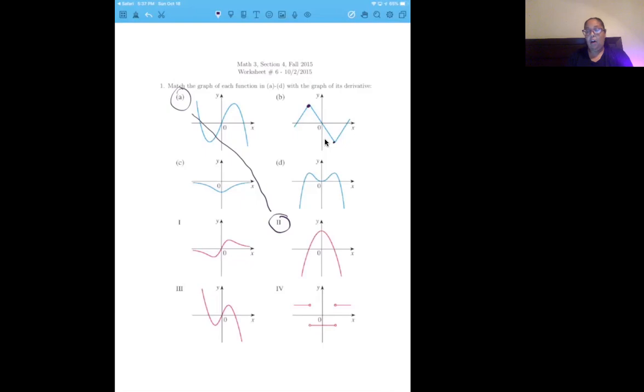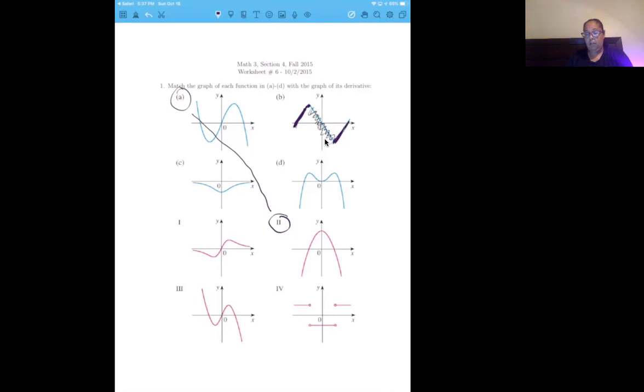And notice that all of these are straight lines, which means the derivatives are all going to be horizontal lines because these have constant slopes, like 3 or -5. This is increasing. This is increasing. This is decreasing. So these two need to be above the x-axis, and this one needs to be below the x-axis.